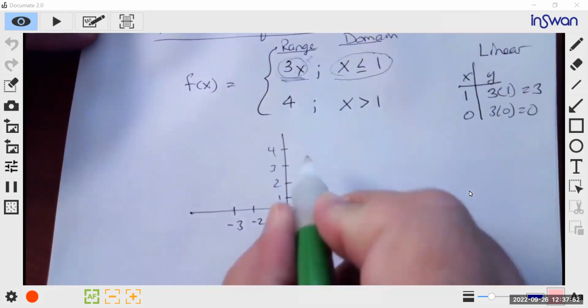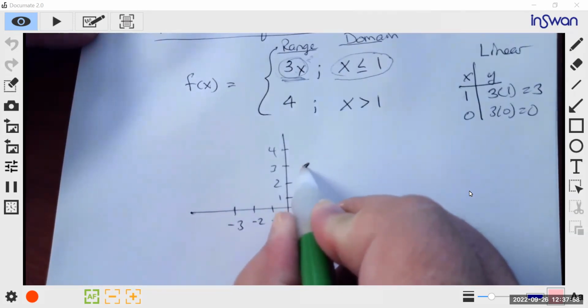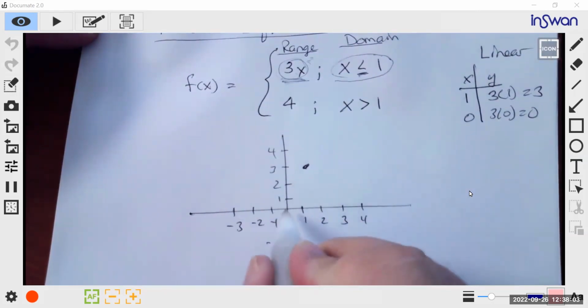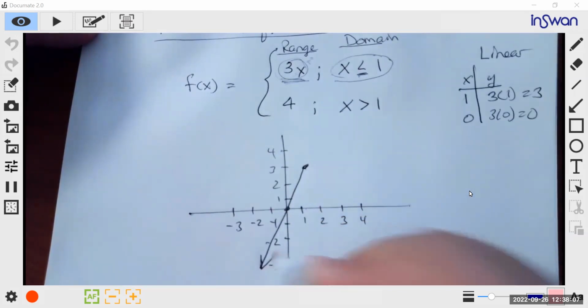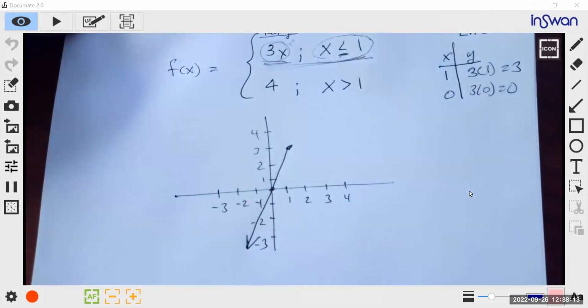So when x is 1, is it an open or closed circle at 3? Closed, because it's included. At 0, it's 0. So we know that this part of the graph looks like this. That's this first part of the graph.